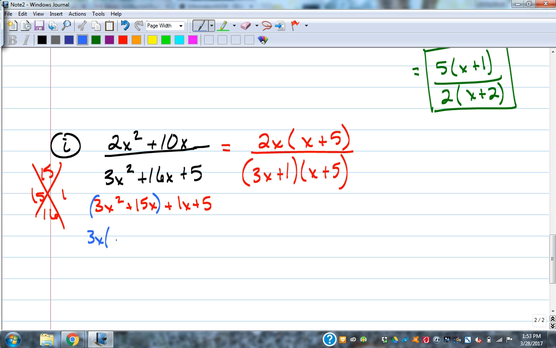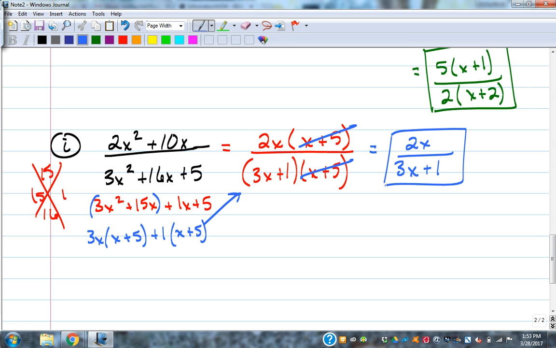There's your 3x, x plus 5, plus 1, x plus 5. And then that leads to that. And then cancel out the matching factor. You've got your simplified expression. A lot of factoring going to be involved in what we're doing today. It's the muscle that goes with it.